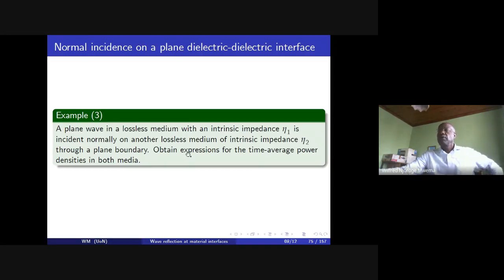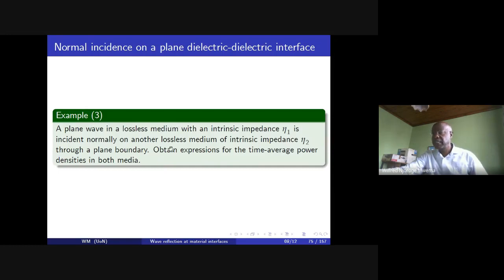Second, nobody has asked you to look for the electric or magnetic field here. All we are looking for is the time average power. But we know that the time average power density is given by Poynting's vector, so the expression for the fields is implicit in this statement.